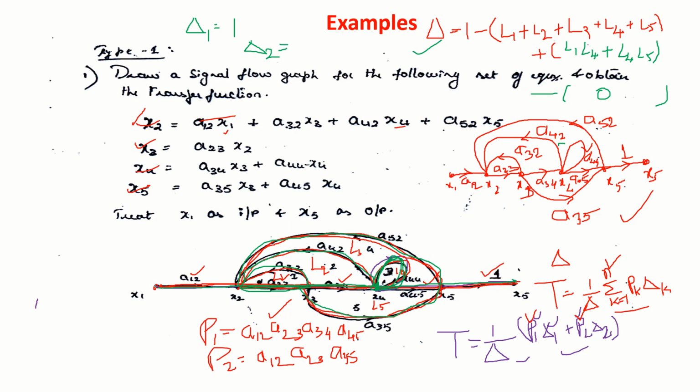If you look at the second forward path, you can see that loop number 3 is not touching. All other loops are touching. So 1 minus L3 we can write. Sorry, L4 in my problem is not touching. Now you got everything. You substitute, you will get the transfer function.